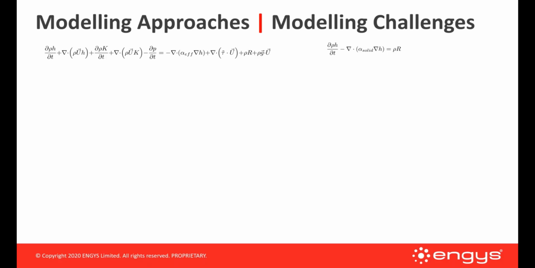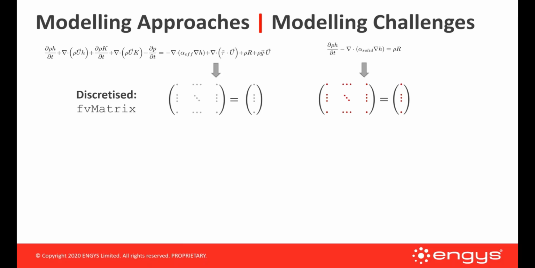So let's talk about the transport equations and really how the implicit coupling works. And this is a very broad view. On the left, we've got the enthalpy transport equation for a fluid, and on the right, we've got an enthalpy transport equation for solids.